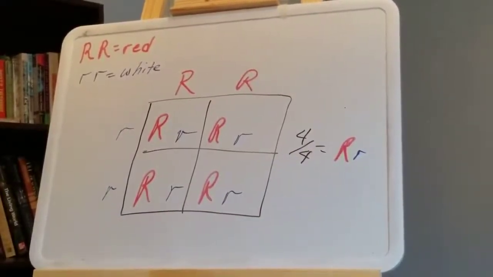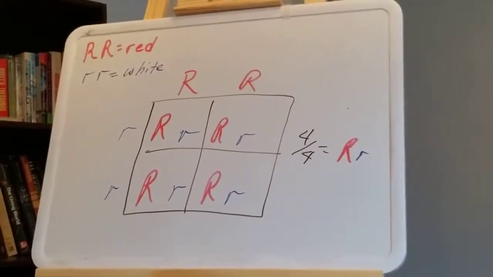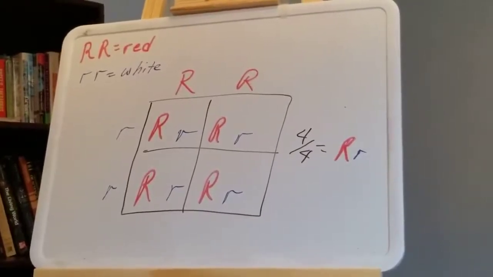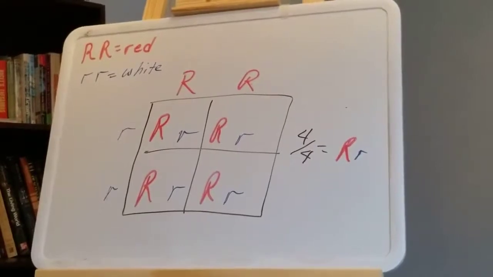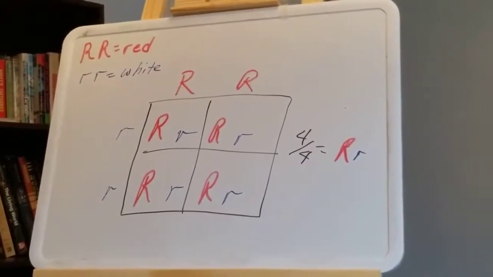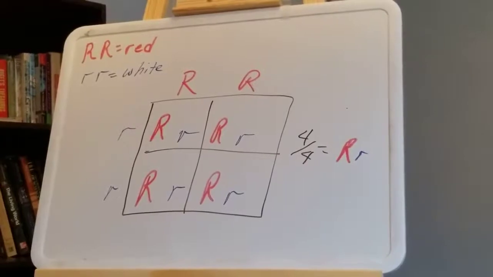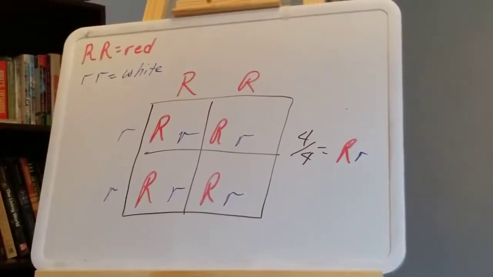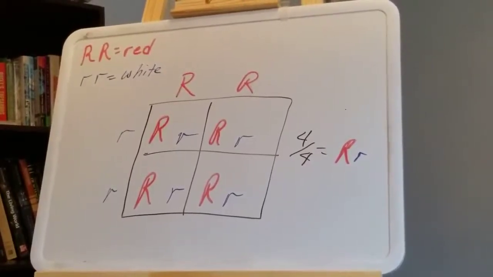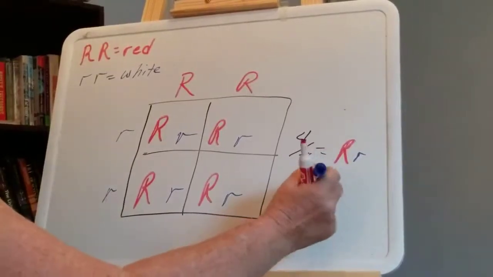Phenotype: 4 out of 4 are going to be the same phenotype. But what is that phenotype? You have one red gene, one white gene. In incomplete dominance, one is not dominant over the other, and so it's like you get a mixing of it almost. They're both being expressed. And so what color would this be?